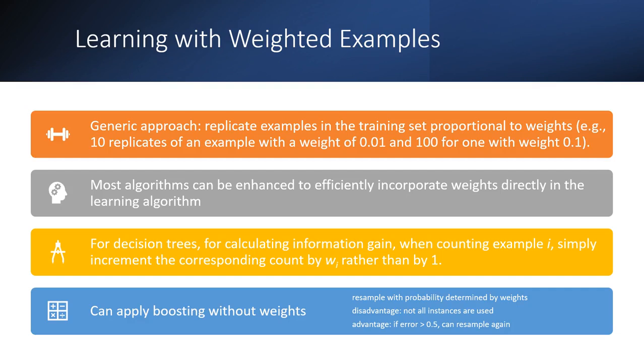When counting, for example, we have our simple increment of our count by W rather than by 1. And you can apply boosting without weights. So remember, you're just resampling with probability determined by your weights. The disadvantage to this is that not all of your instances end up getting used. But an advantage is if your error is greater than 0.5, you can resample again.